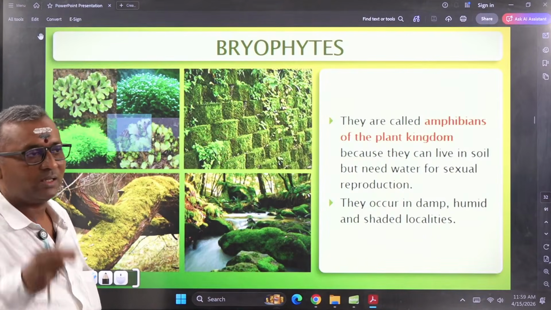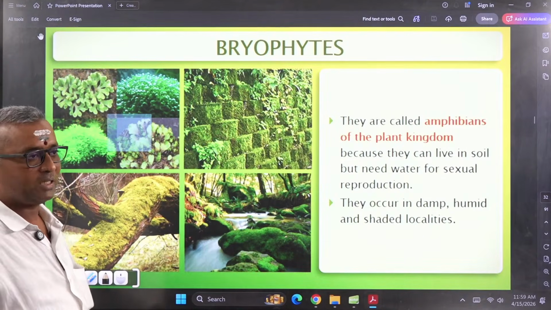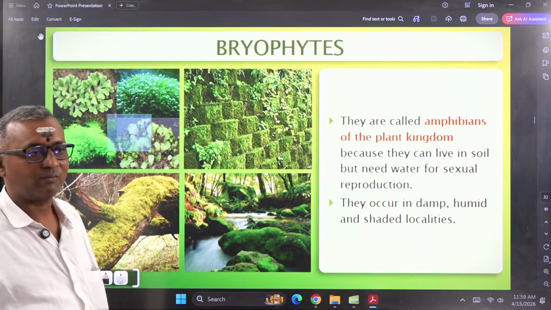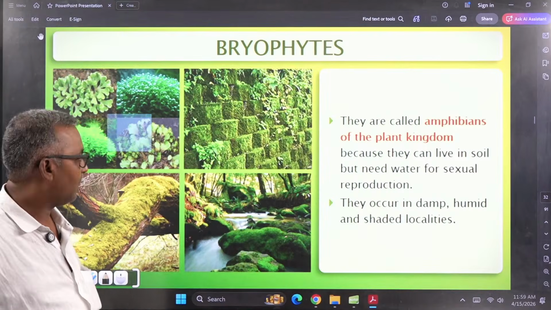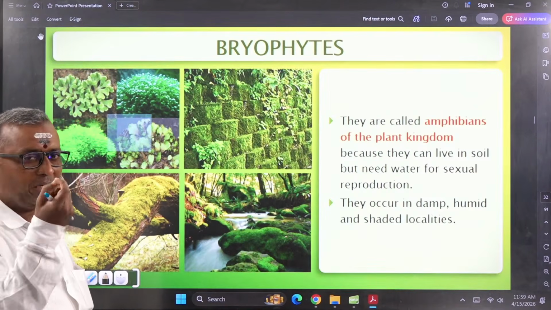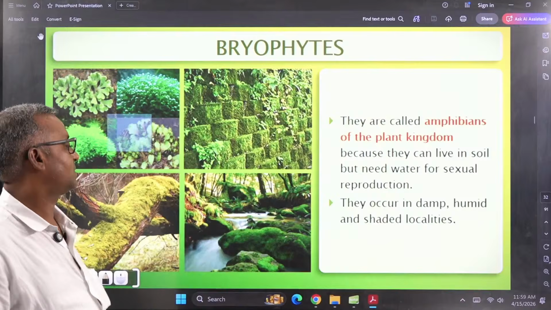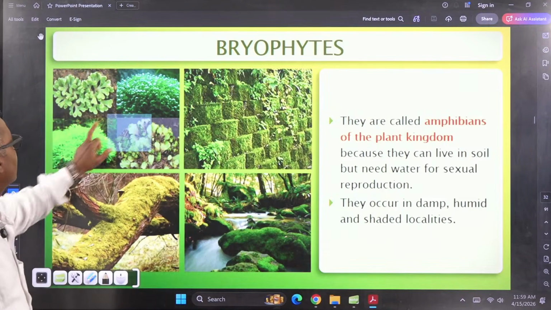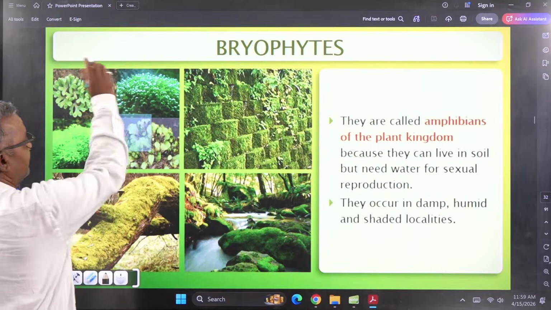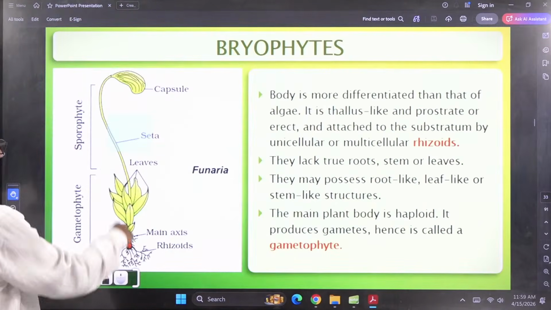If you go to some moist places like waterfall regions, you can observe some minute plants growing on moist rocks or boulders. So they are nothing but bryophytes. Now these are all the bryophytes. If you enlarge them, now this is a bryophyte.